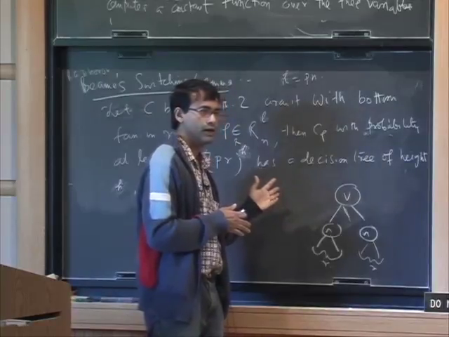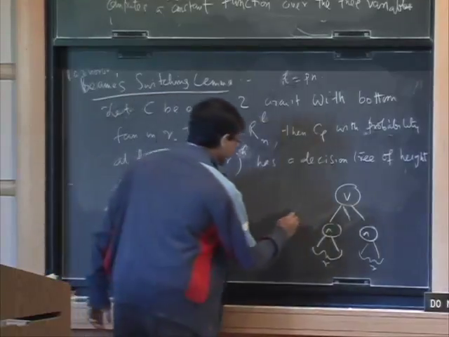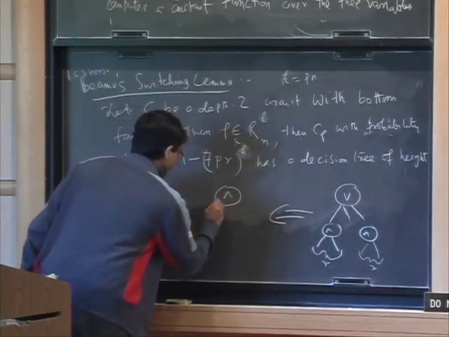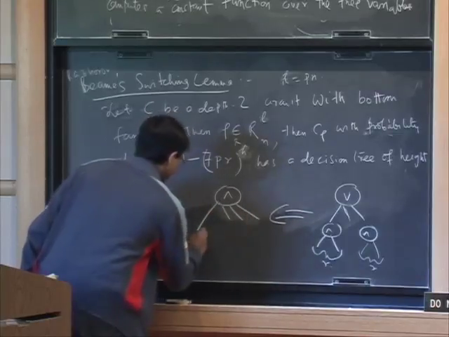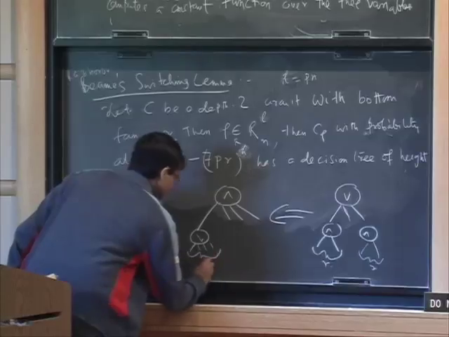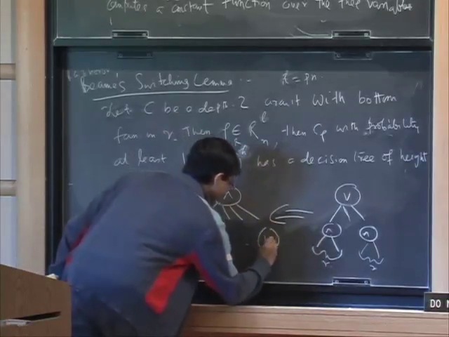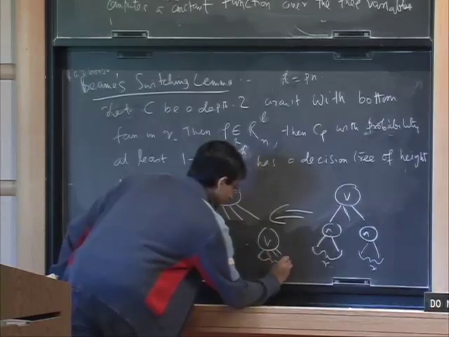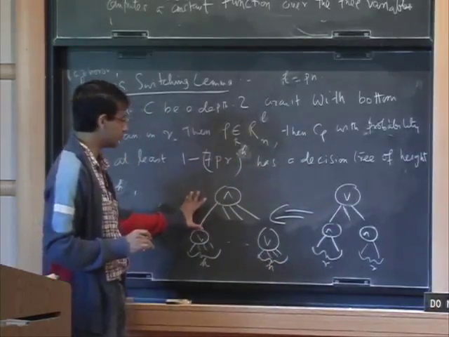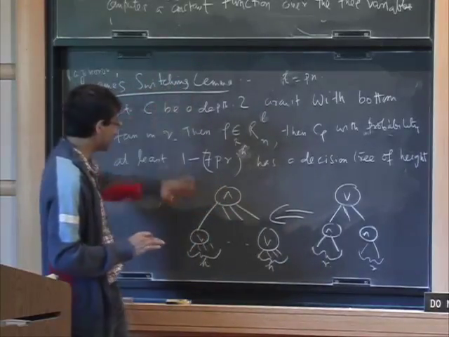And now if you negate that again, you get a circuit of this type, from here to here. Is that clear that this lemma implies this?